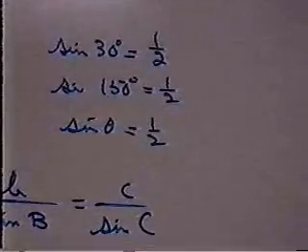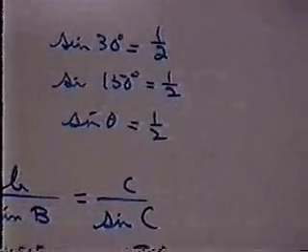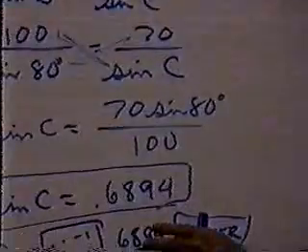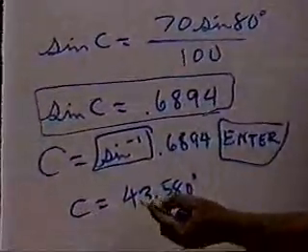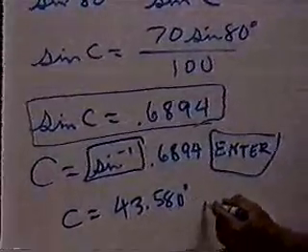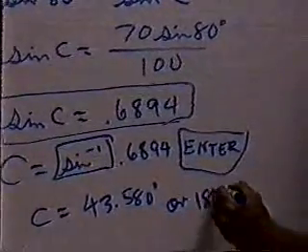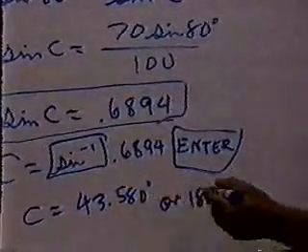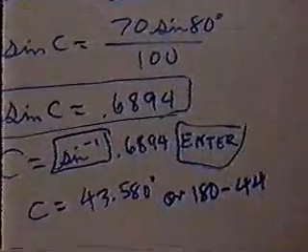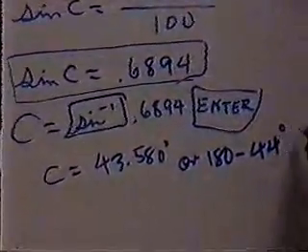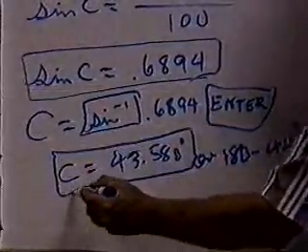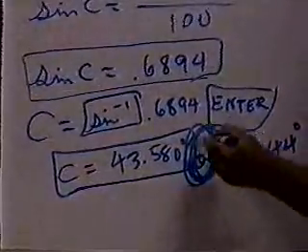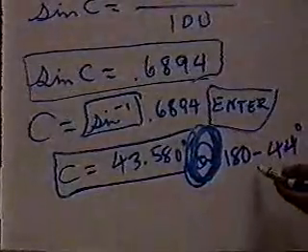So therefore, what we must do down here is to say this. C is equal to this, or subtract it from 180. Let's just round it off to 44. Okay. So let's say it's 44 degrees. So that says that angle C is 44 degrees or what? 136.